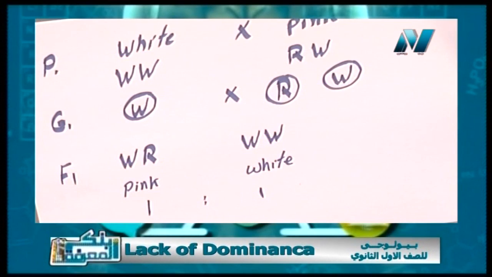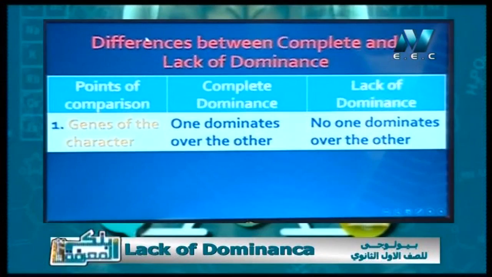So my dear students, this is what we call the lack of dominance. In this part, we need to differentiate between the Mendelian characters and non-Mendelian characters. The Mendelian characters are called complete dominance, and non-Mendelian characters, as we studied today, are lack of dominance.